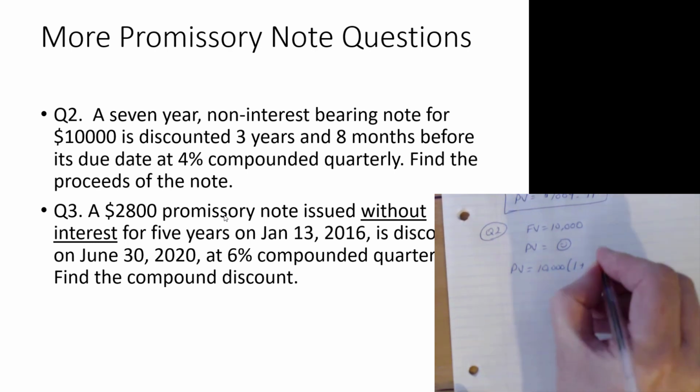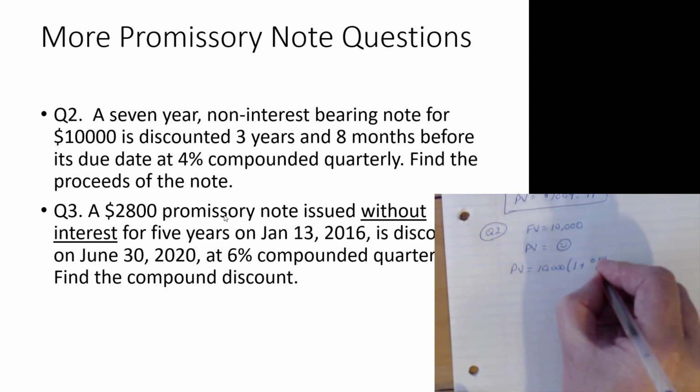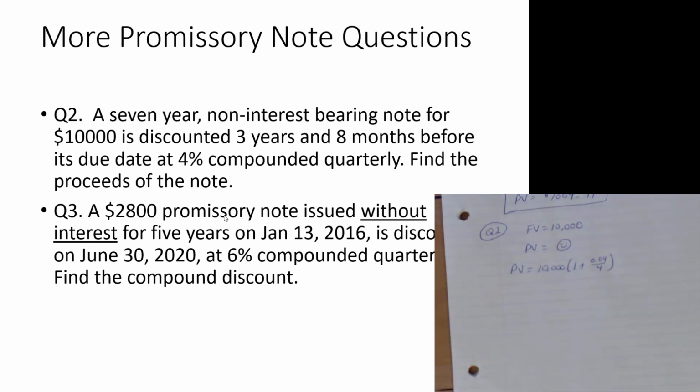1 plus, what was our interest rate here? Looks like 4% compounded quarterly. 0.04. Oh, okay. Lots of 4s in there. Compounded quarterly. So now we're counting quarters again. 3 years has 3 times 4, 12 quarters in it. How many quarters in 8 months? 3 months a quarter.